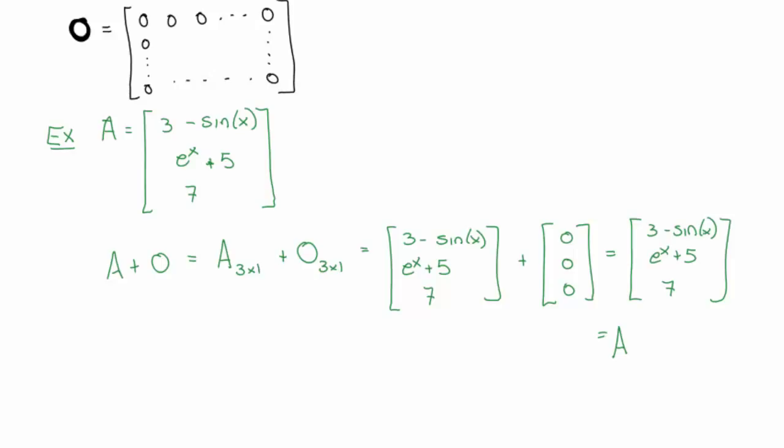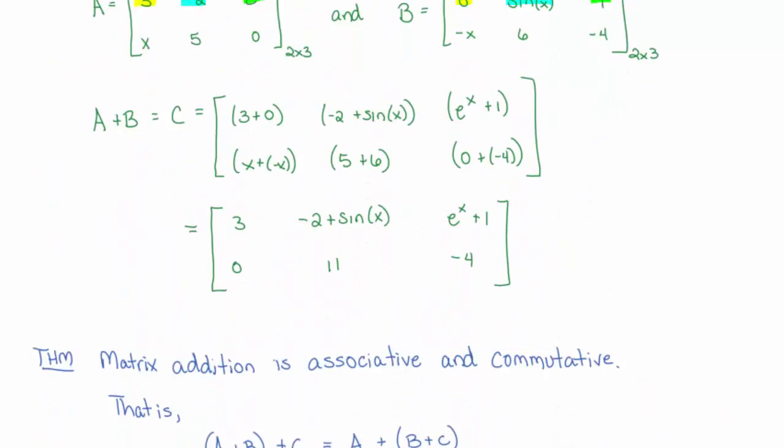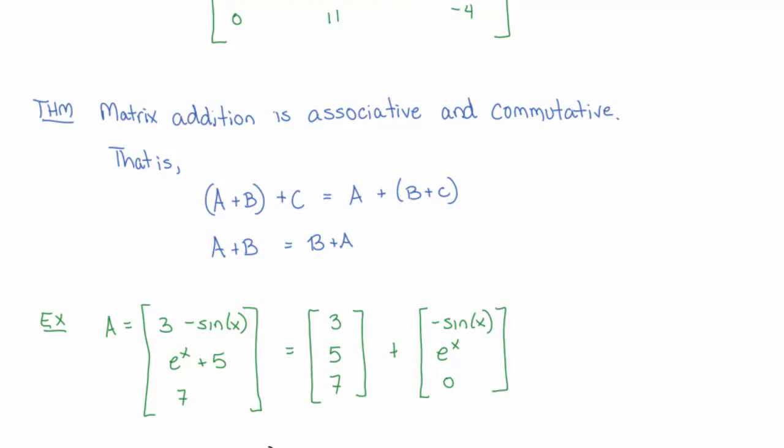So just letting you know, if I wanted to prove, for example, that matrix addition is associative and commutative, let's say I wanted to just prove that it was commutative. The proof is not as simple as just saying, well, listen, A plus B has to be B plus A because you're adding elements. You can't do that.